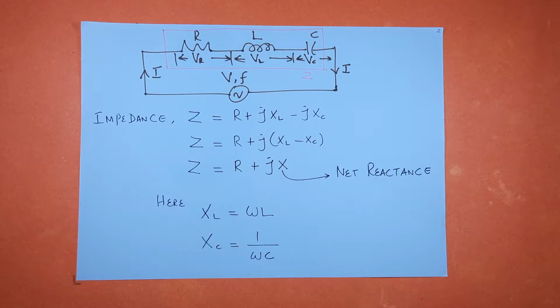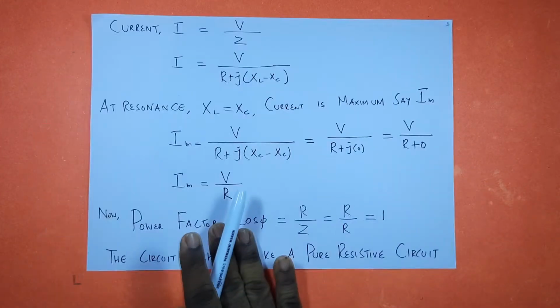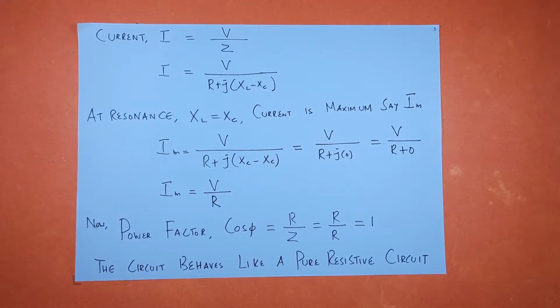Here, XL equal to omega L, XC equal to 1 by omega C. Now, current I equals voltage divided by impedance Z, I equals V divided by R plus j of (XL minus XC).